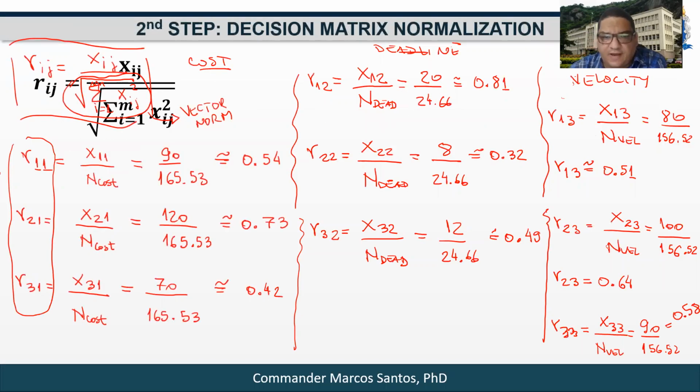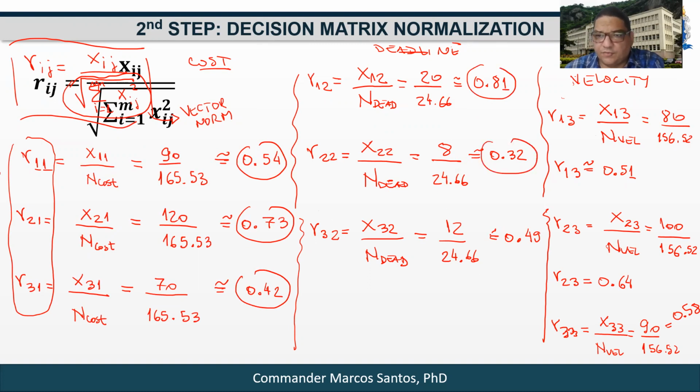We have these values: 0.54, 0.73, 0.42, 0.81, 0.32, 0.49, 0.51, 0.64, and 0.58.